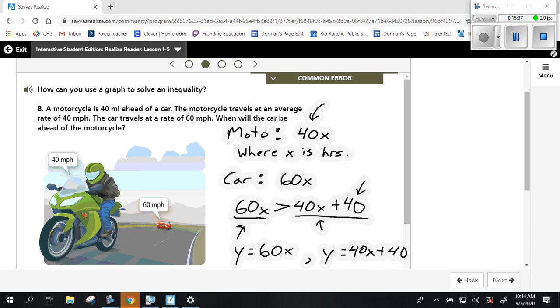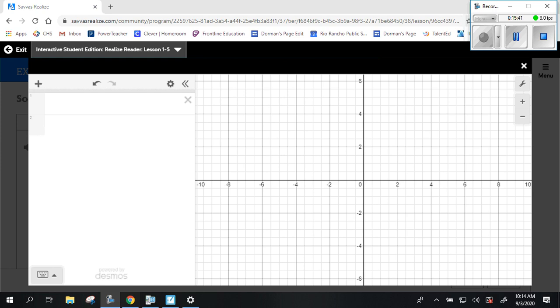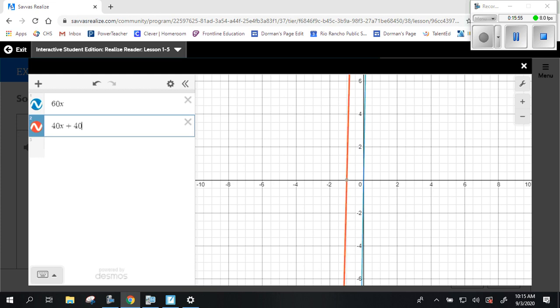So we've got out our Desmos calculator. Let's go ahead and input these values. 60x, and then we've got our 40x plus 40. This is why I chose the Desmos calculator, because we're going to have to zoom way out on this thing.